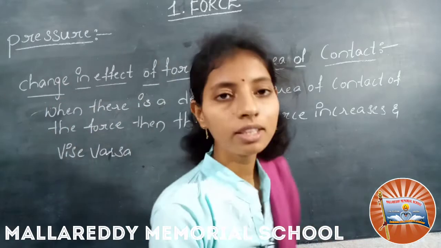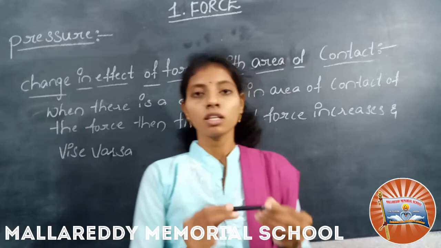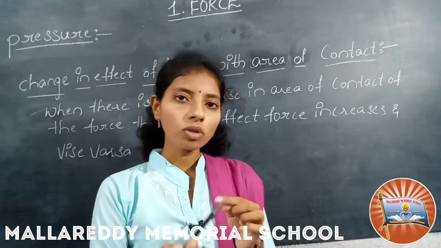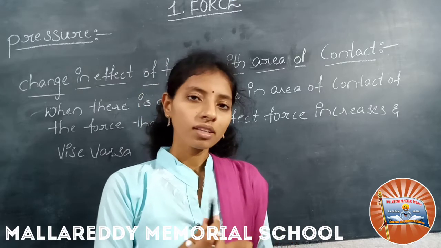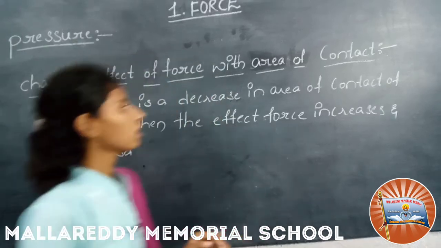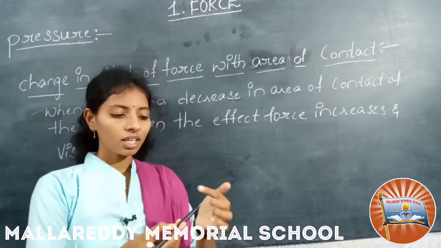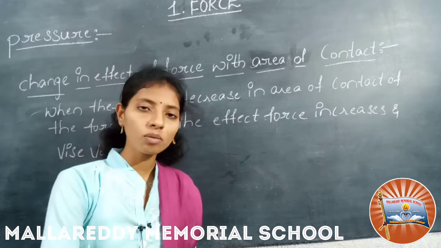So in this example of the pen, when you take the broad end of the pen, the area of contact is more and the effect of the force is less. And when you take the sharp end, the area of contact is less and the effect of the force will be more.